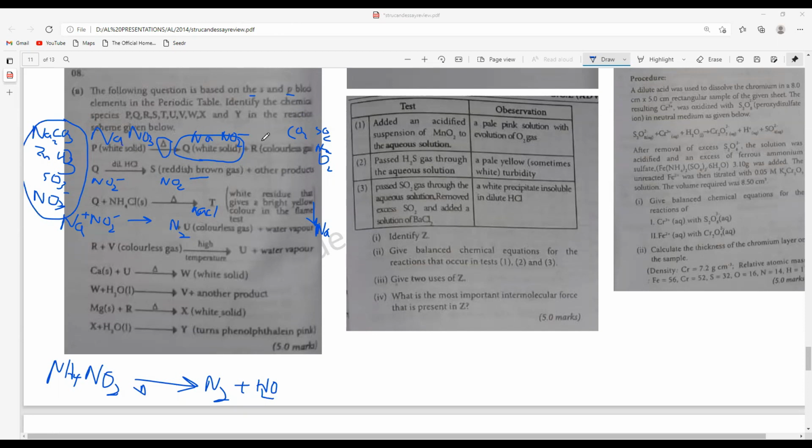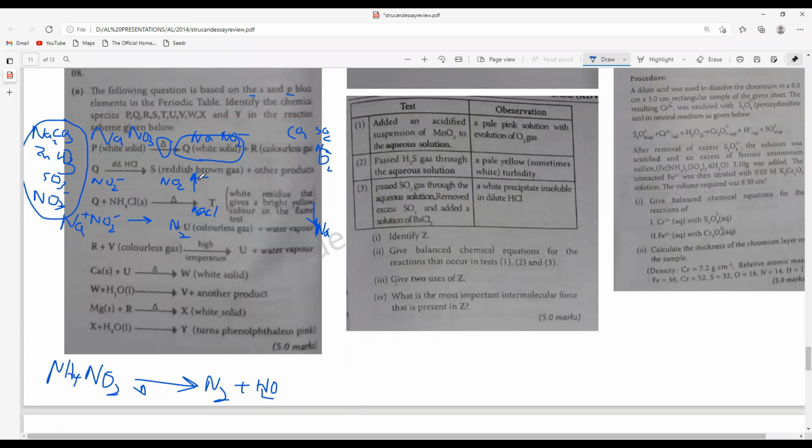We predict with the white solid first. We don't know what it is, but the colorless gases can be carbon dioxide, SO2, N2, O2, all these. And they have given something to identify this white solid: diluted HCl gives a reddish brown gas. So NO2 gas is coming out from NO2 minus, which means in the white solid there should be NO2 minus.